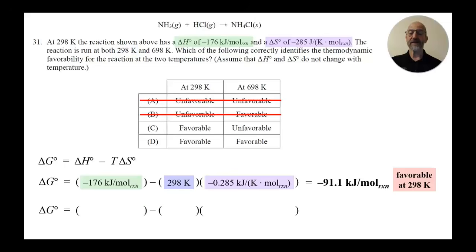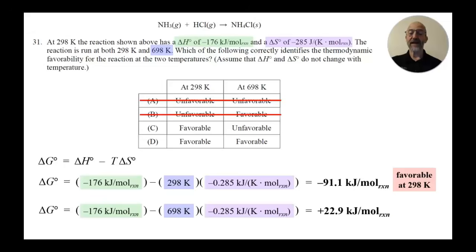Now let's repeat the process, but this time I will plug in a temperature of 698 Kelvin. And when I do that math, what I discover is that it turns out to be a positive delta G at 698 Kelvin, which means that now it is unfavorable at 698 Kelvin.